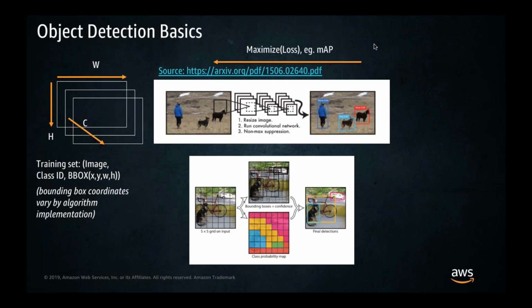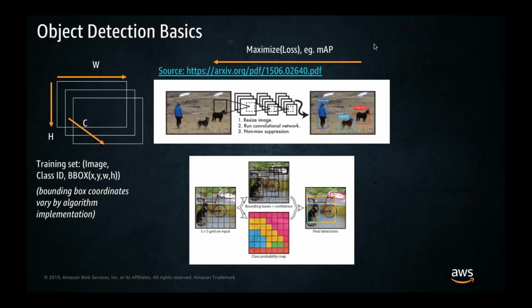The difference is that ground truth labels need to also consist of bounding box coordinates for each of the objects you want to detect, and you also need to then associate that box with an associated class ID. Note that the bounding box format does vary between frameworks and implementation. Also, training typically involves maximizing mAP, mean average precision. Essentially, that's the precision on the amount of overlap between predicted boxes and the ground truth labels.